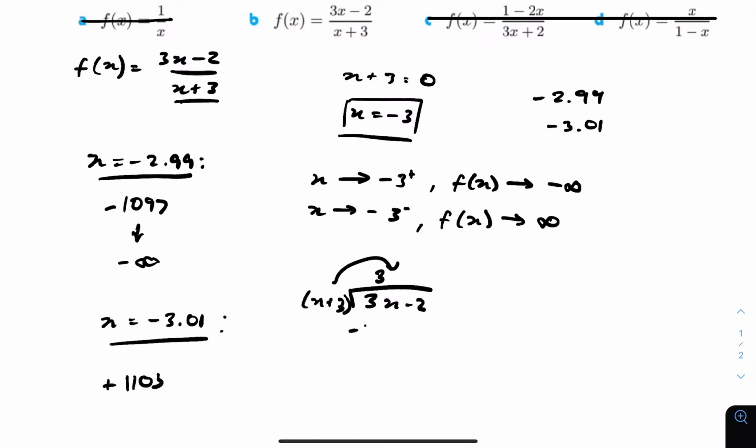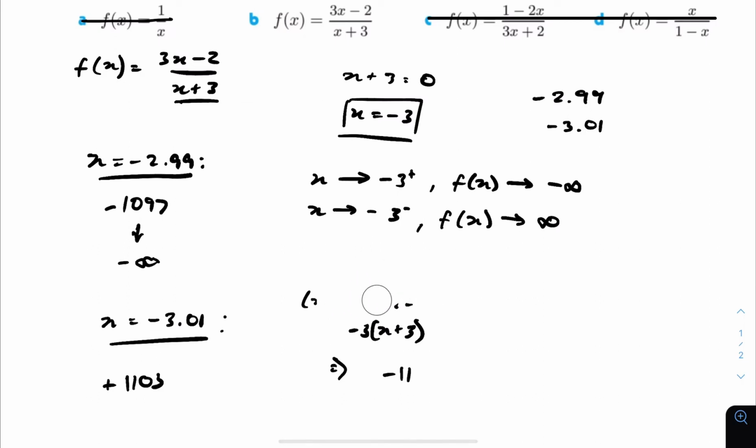When we do that, we get 3 times x plus 3, which leaves a remainder of negative 11. The remainder doesn't matter. What we know is that the asymptote is going to be 3. So y is equal to 3 is our next asymptote.